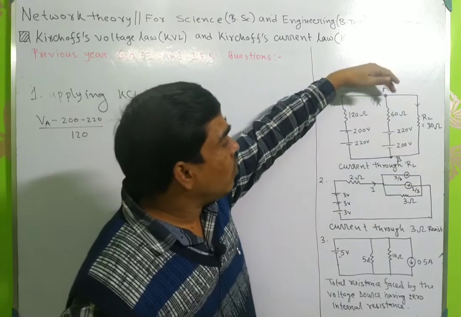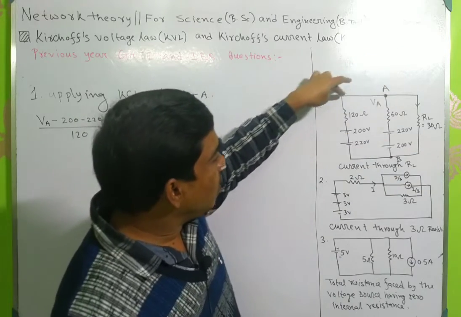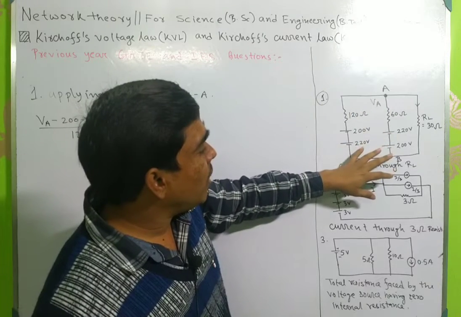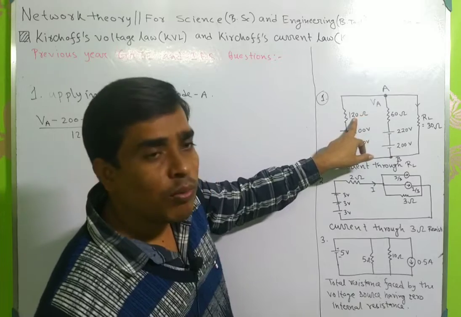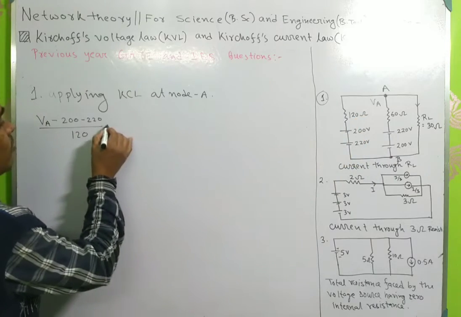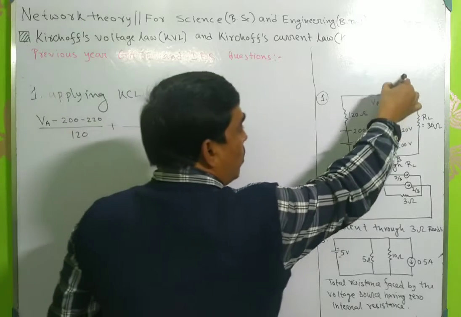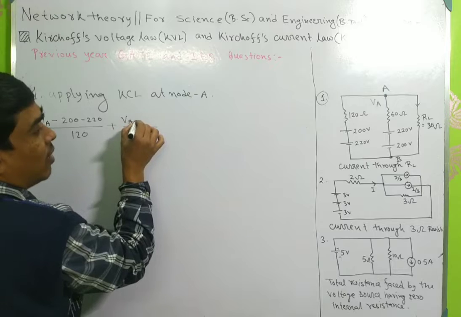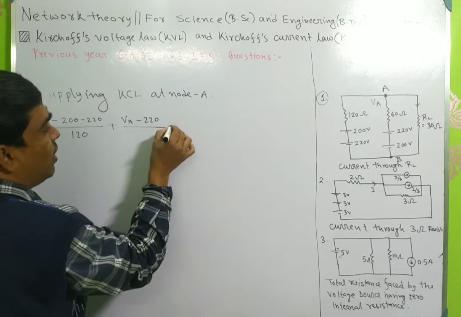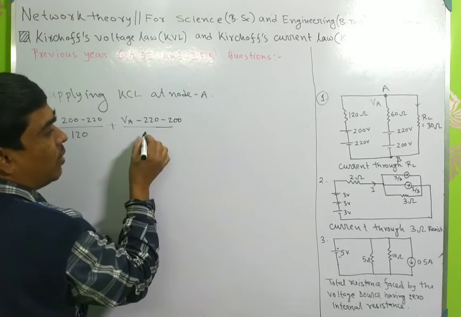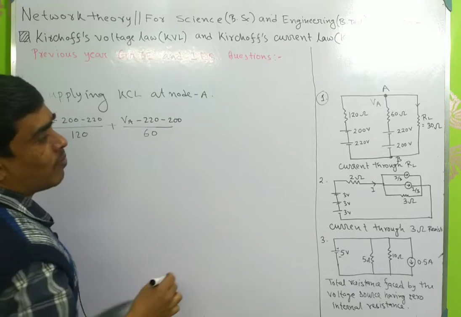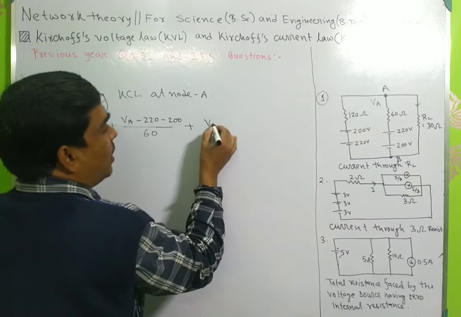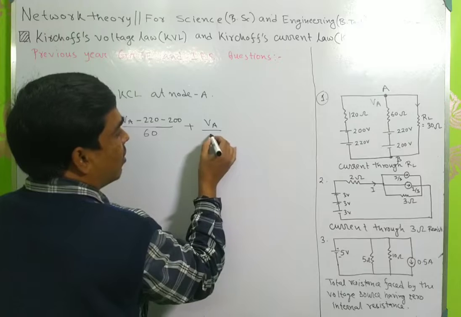That's why the current through this branch will be VA minus 200 minus 220 divided by 120, plus the current through this branch will be VA minus 220 minus 200 divided by 60, and the current through this branch will be VA divided by 30.